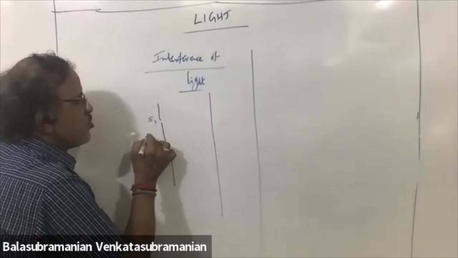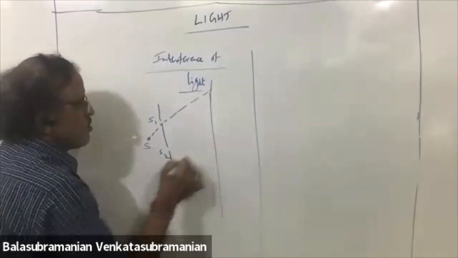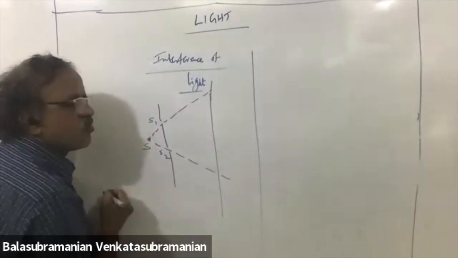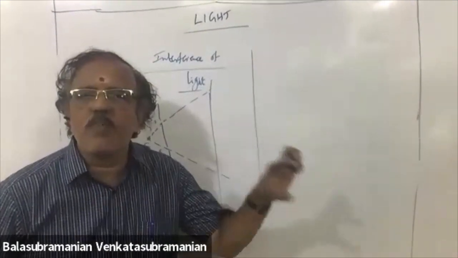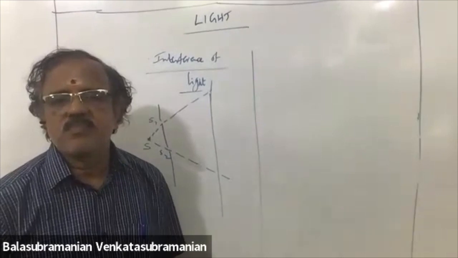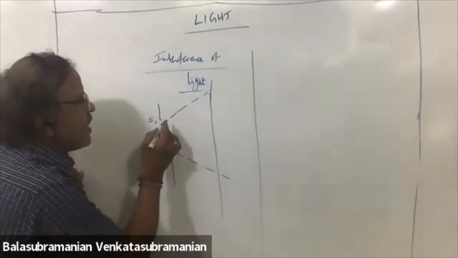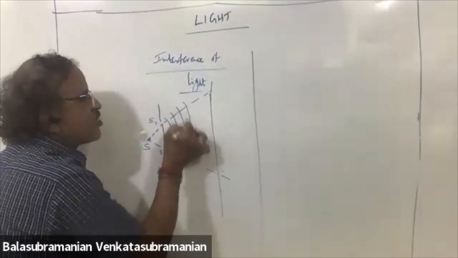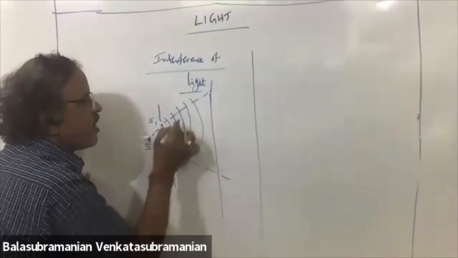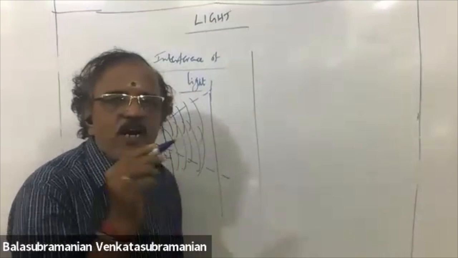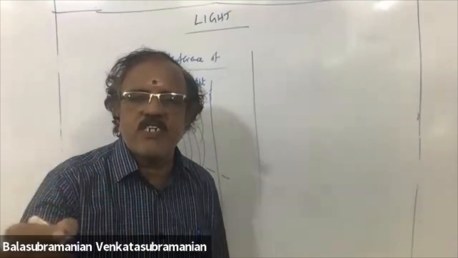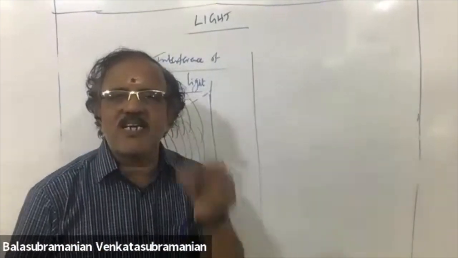It passes through two slits. Slit means a narrow rectangular opening. Light rays come out from S1 and from S2. These two combine, and you get alternate bright and dark fringes. That is called interference of light.